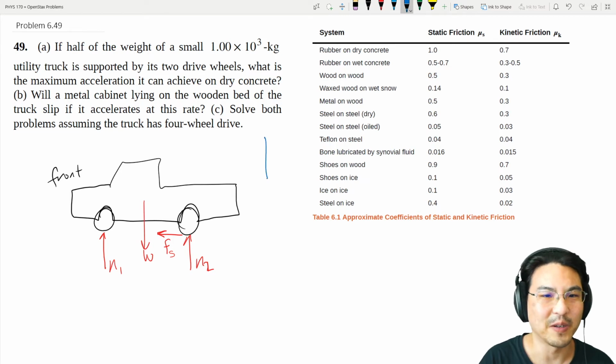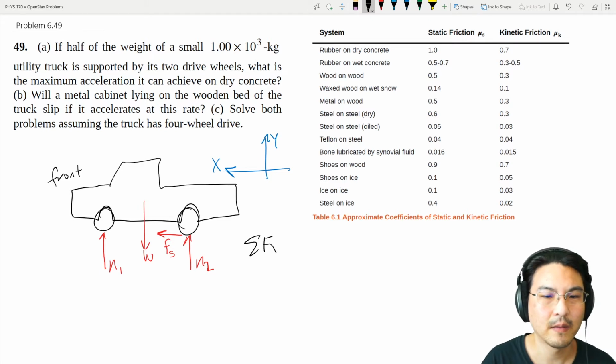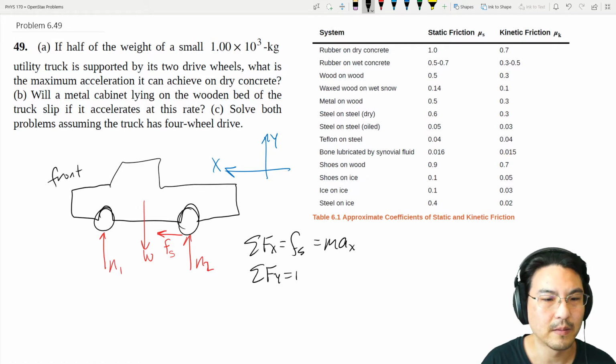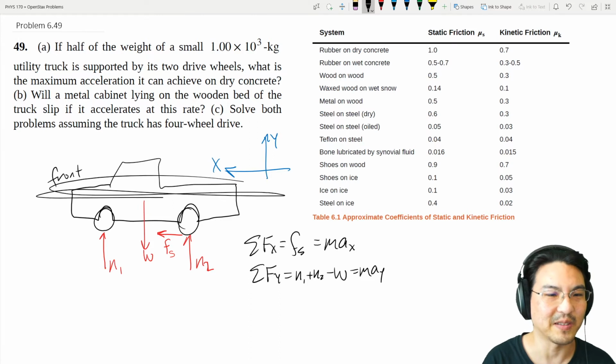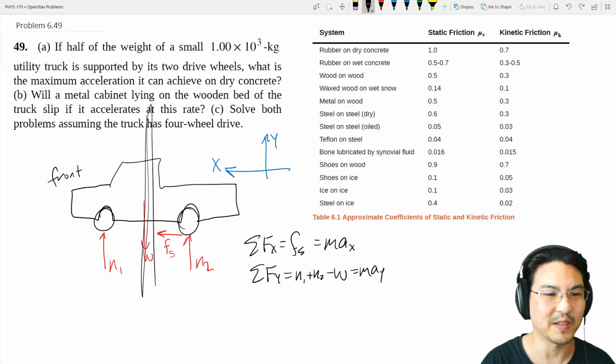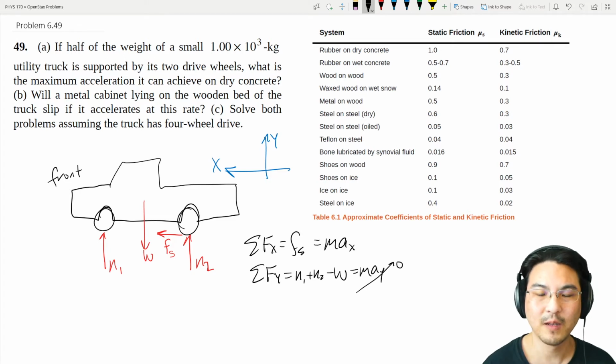If we pick coordinates, let's write Newton's second law. And in the y direction, N minus the weight. There's only motion in the x direction, horizontally. There's no motion vertically, so in this case ay is 0.